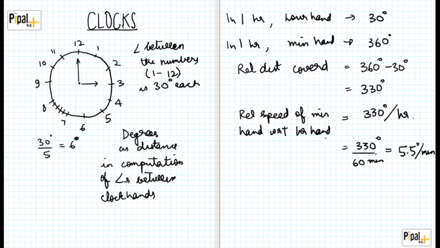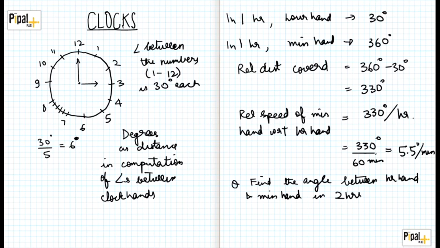Now what we have computed is that the hour and minute hand, with respect to each other, are moving at a speed of 5.5 degrees per minute. So let's say I am given a question where we have to find the angle between the hour hand and the minute hand, let's say in 2 hours.